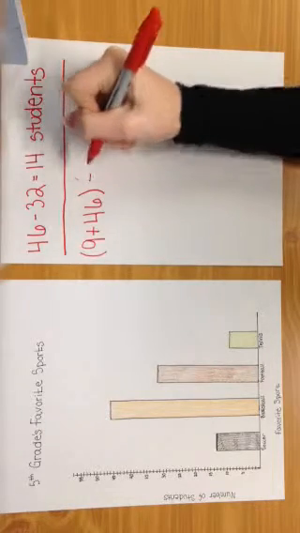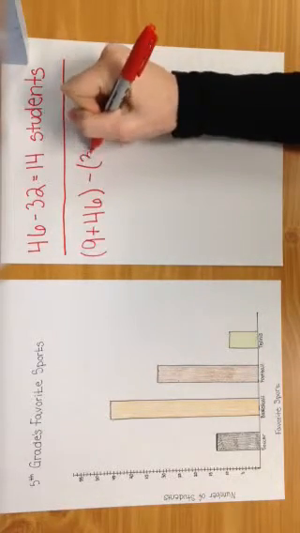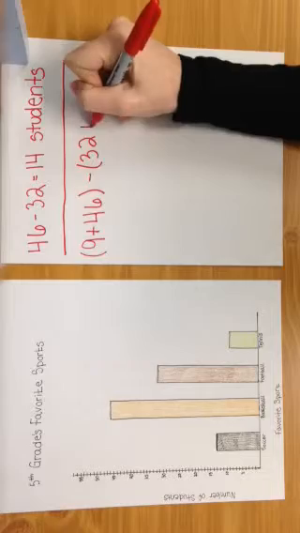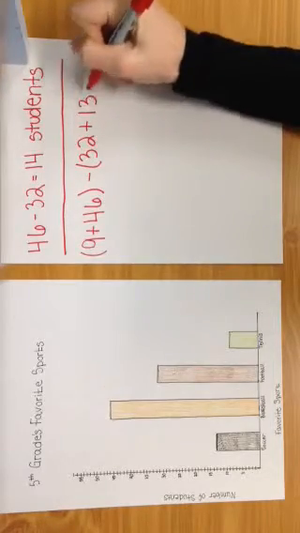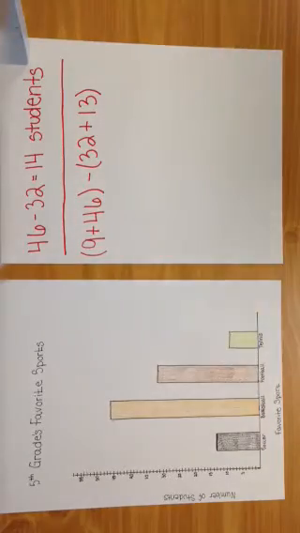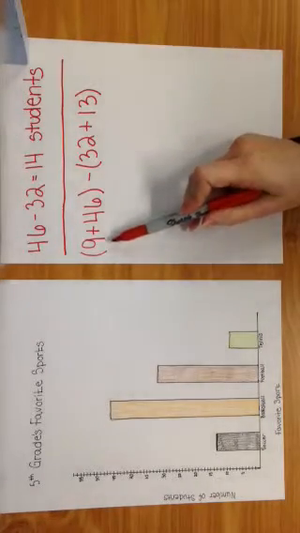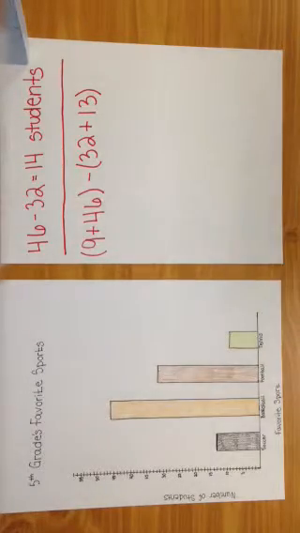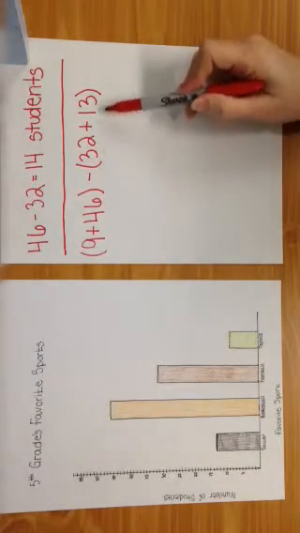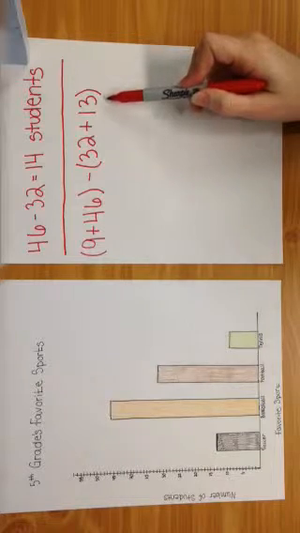And we're going to subtract 32 plus 13. We do this because we have the word or in the problem. How many more students chose tennis or basketball rather than football or soccer?